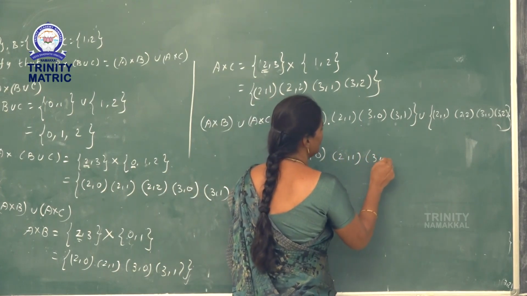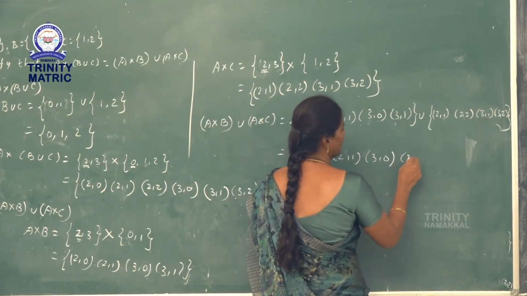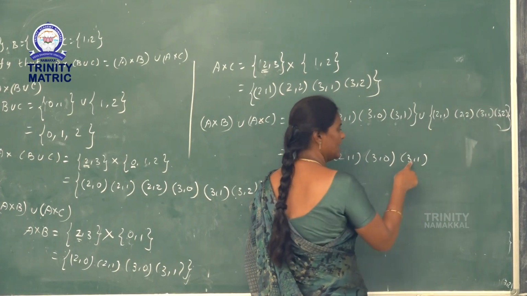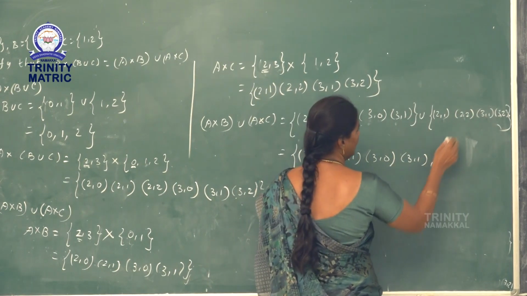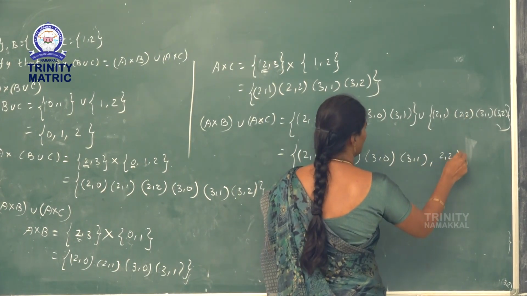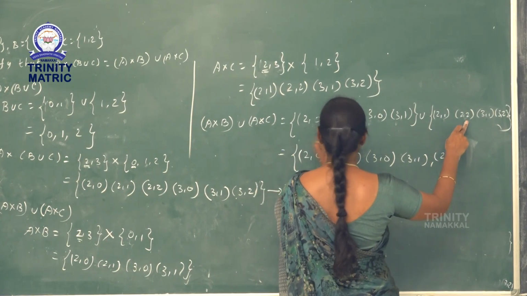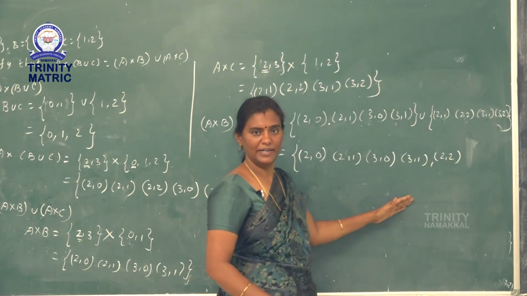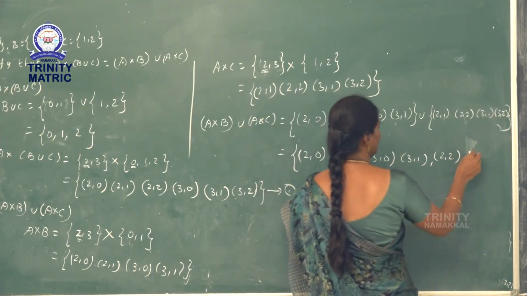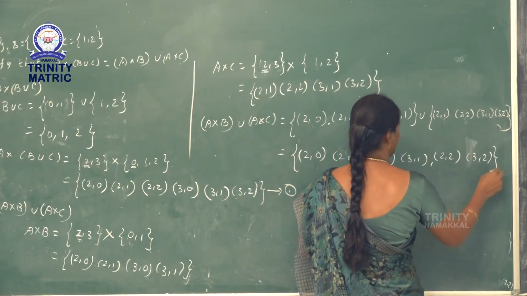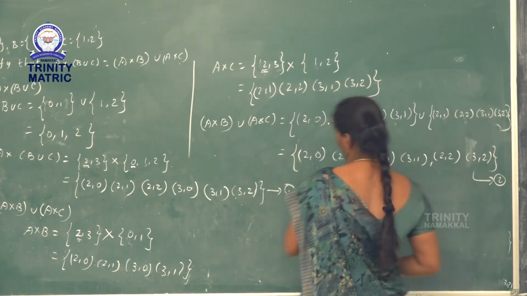Then 3 comma 0, then 3 comma 1, which is in both sets, but we write it only one time. Then 2 comma 2 is in A cross C but not in A cross B, but we can still write it. Then 3 comma 2. This is equation number 2.